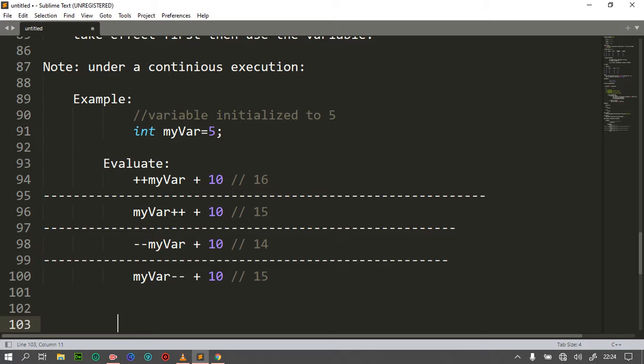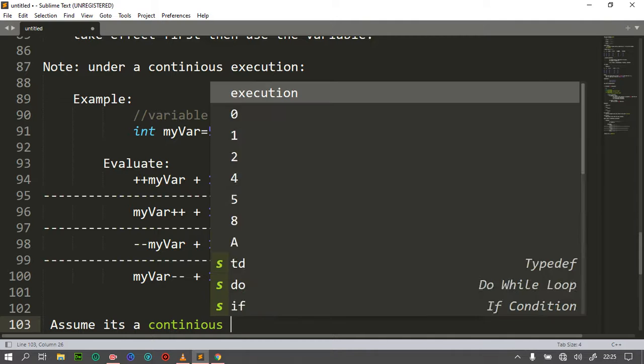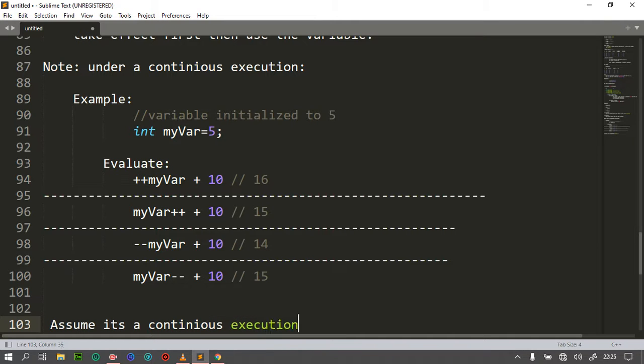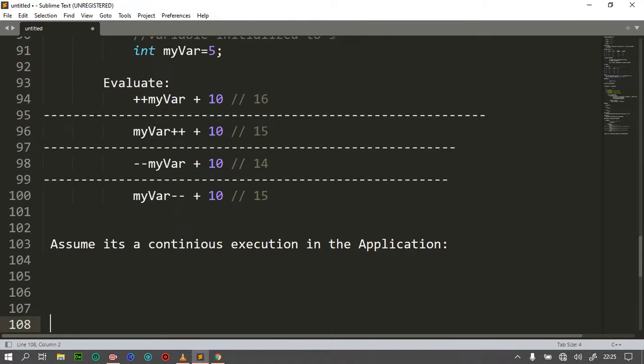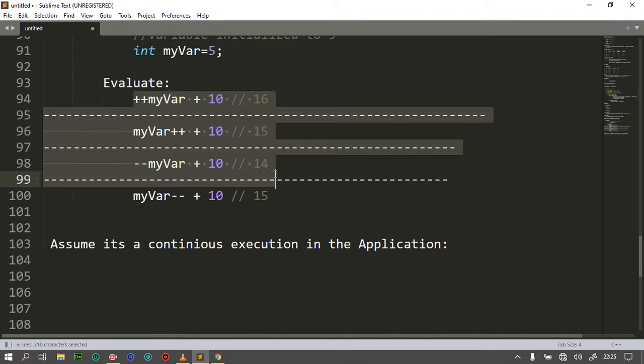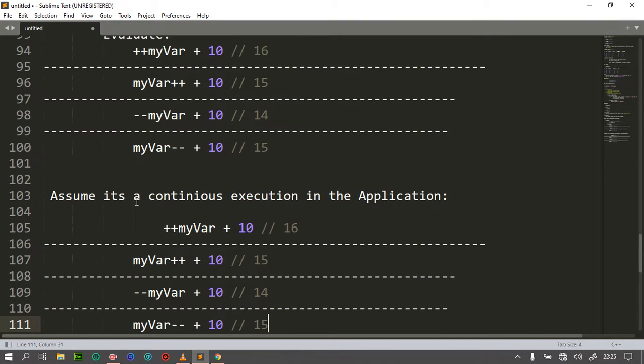Now let me assume it's a continuous execution in the application. Assume it is a continuous execution in the application. I'll copy and follow it down here.